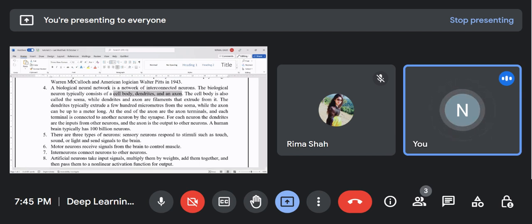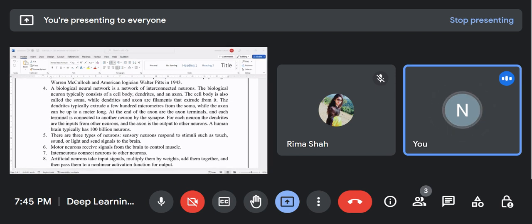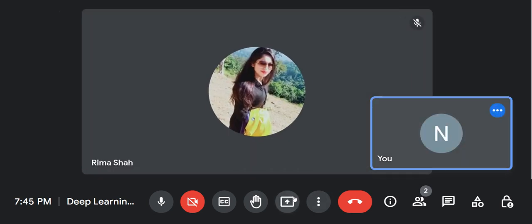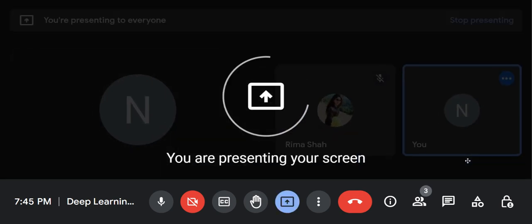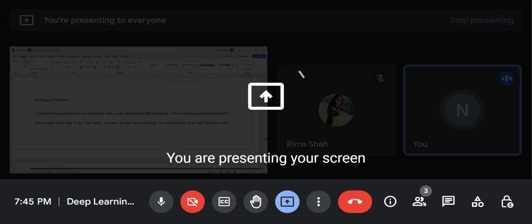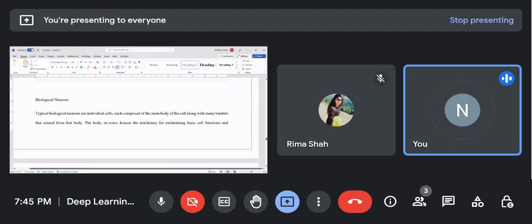Let me discuss more about this biological neural network. I will share another screen. So biological neurons, as I already told, are individual cells.